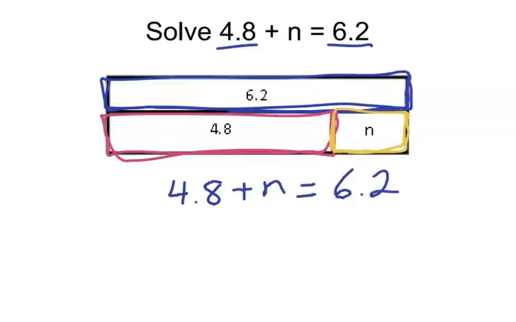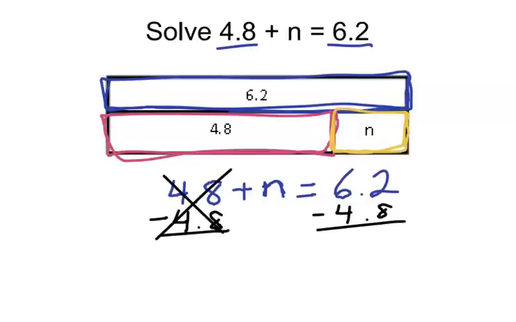All right, so we have to get n by itself. We're going to do the opposite operation of what is happening here. So this is addition. What's the opposite of addition? Well, that is subtraction. We're going to subtract 4.8 from both sides. All right, so if we do that, we have a positive 4.8 and a negative 4.8. So that's going to end up at 0, right? If you take away the exact same amount that you have, you're at 0.